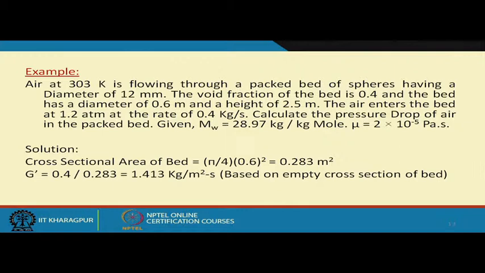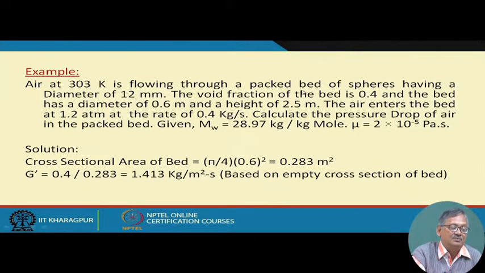So let us solve it, but before solving let us read once more. Air at 303 Kelvin is flowing through a packed bed of spheres having a diameter of 12 millimeter. The void fraction of the bed is 0.4 and the bed has a diameter of 0.6 meter and a height of 2.5 meter.